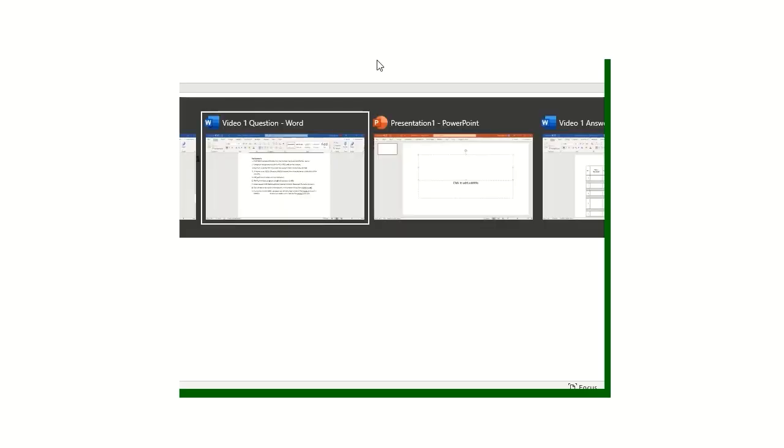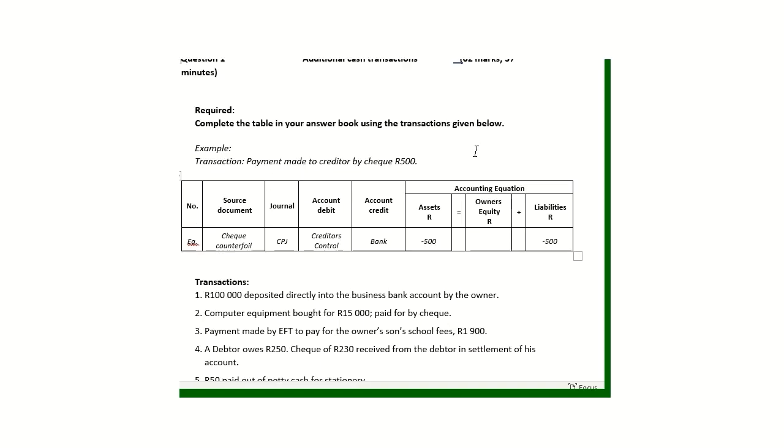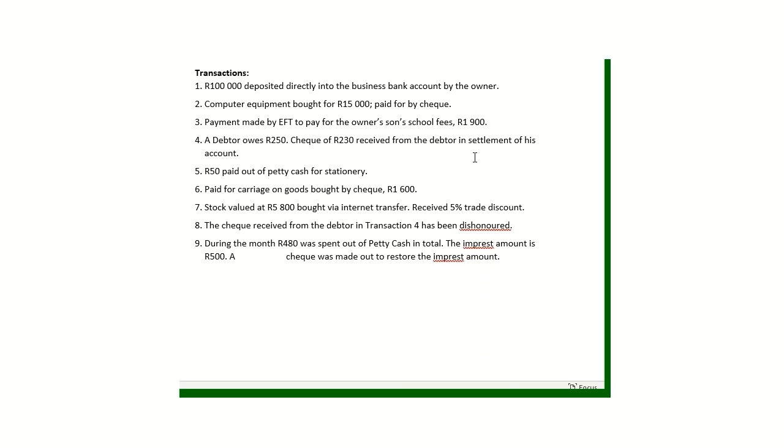First of all, what is bank? Now, bank is a bit of a problem one because it can also be a liability. Normally, the money that we've got in the bank is an asset. But if somewhere in the information they tell me that the bank was in overdraft, it changes to a liability. Why? If we've got money in the bank, we can use it at a later stage.